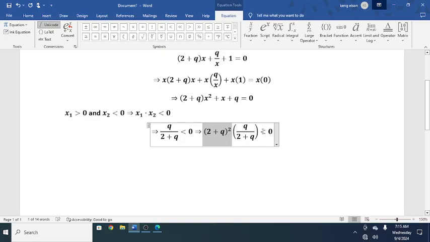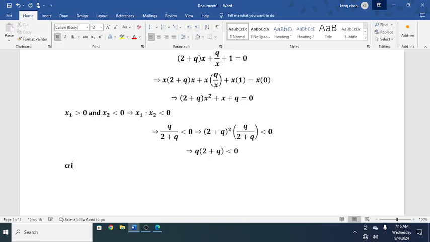The 0 times (2 plus q) squared is still 0. Since (2 plus q) squared is always positive, the inequality sign is not going to change. We are doing this so that we can easily get the critical values, so that we have a linear polynomial. So we have (2 plus q) squared times 1 over (2 plus q) times q, and we are left with q times (2 plus q) less than 0.